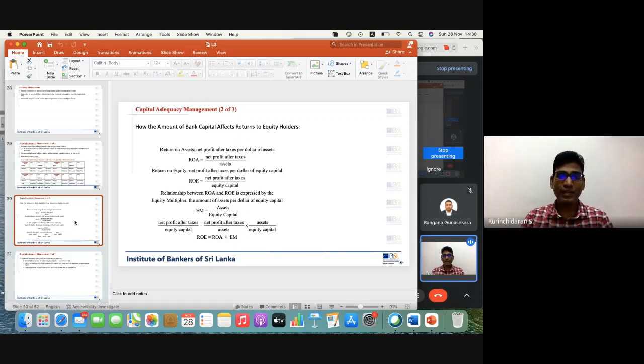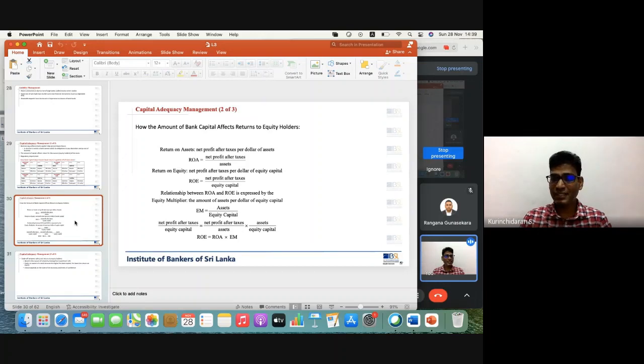When you have the capital amount, you also think about the returns out of that. So returns are very important: return on assets and return on equity. I don't need to explain that; it's simple and straightforward. Then the proposition we can have is based on the equity multiplier, the proportion of total assets to equity.